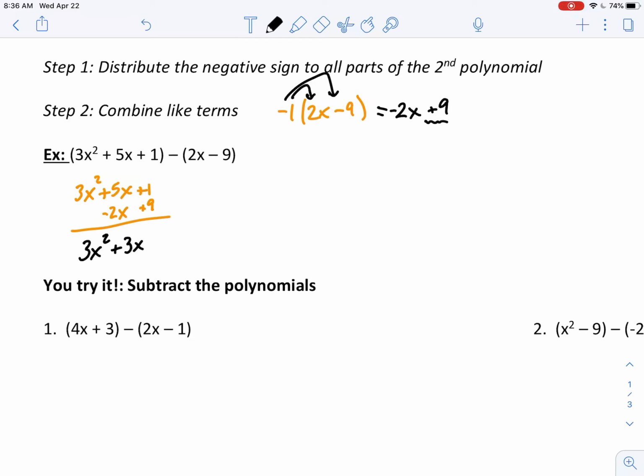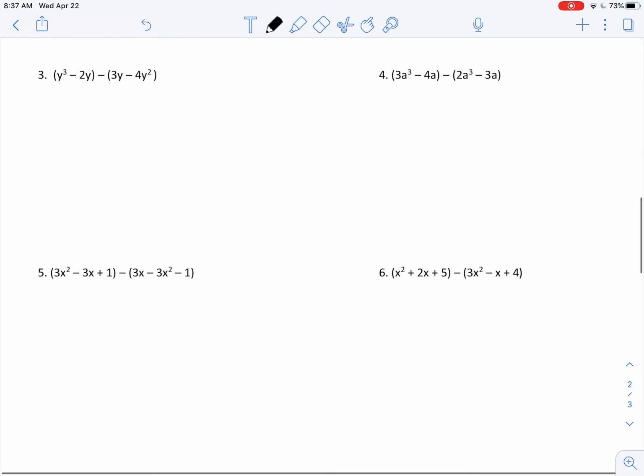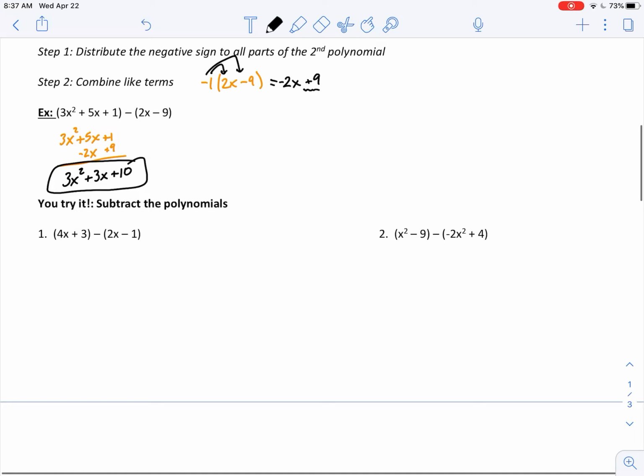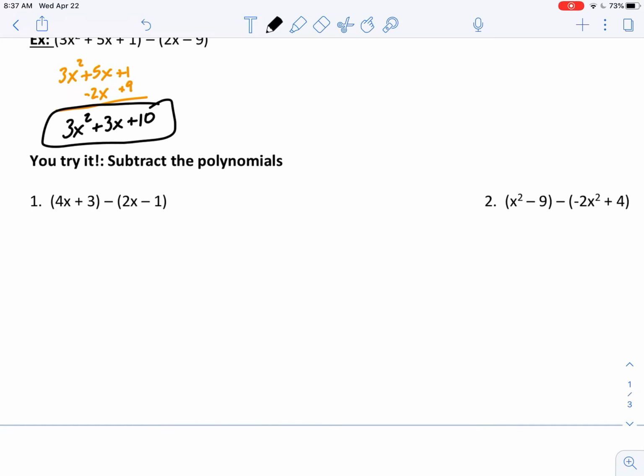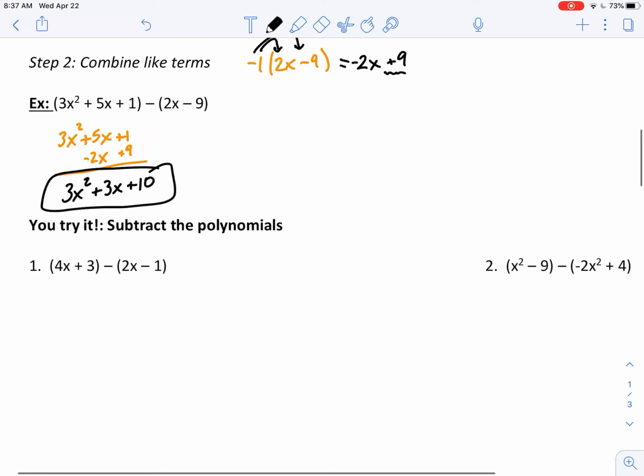And -9 became +9. So our final answer here, 3x squared, is not being added to anything else, so that's going to stay the same. 5 minus 2 is a positive 3x, and 1 plus 9 is 10.